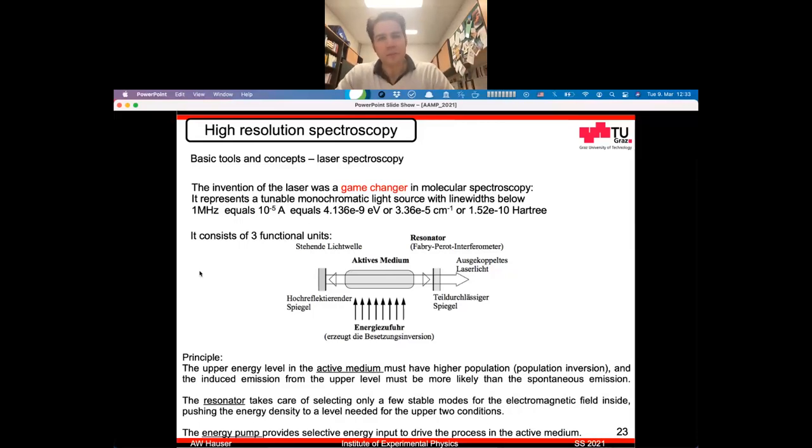But actually, if it's just 2 levels, you cannot have population inversion. You'll have to have at least 1 more level to park your excited state, basically to park your excitation somewhere, and have a relaxation then from this 3rd level to the actual laser level, right? So you would like to have a level that is sort of metastable.